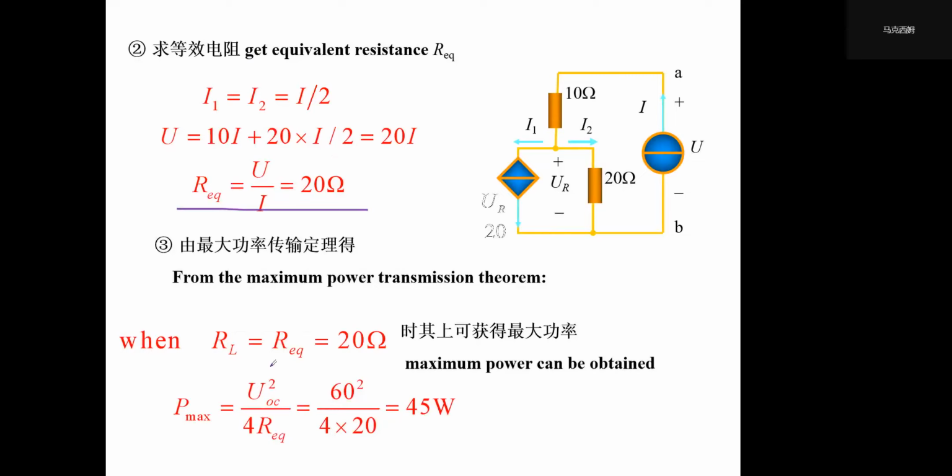So this is a little demonstration of how we use the maximum power transmission theorem. It's very easy to remember that RL equals R equivalent. So this is what the maximum power transmission theorem is about.